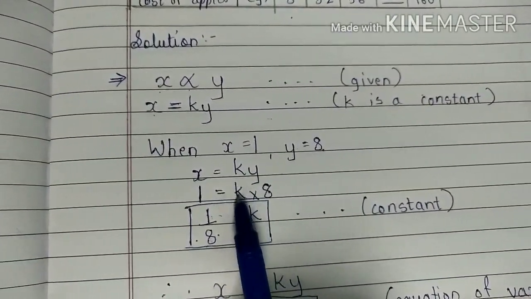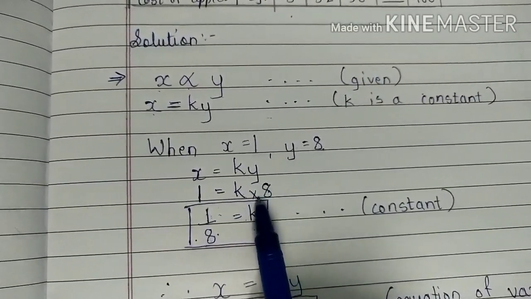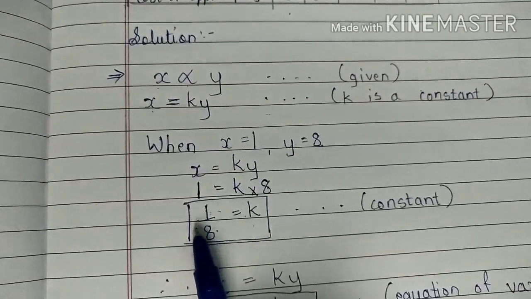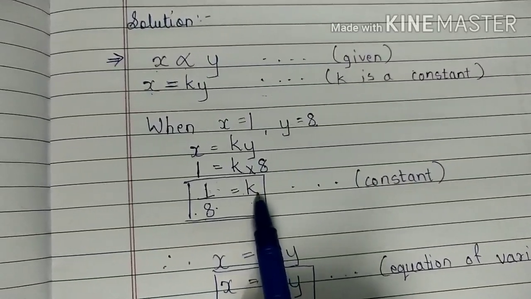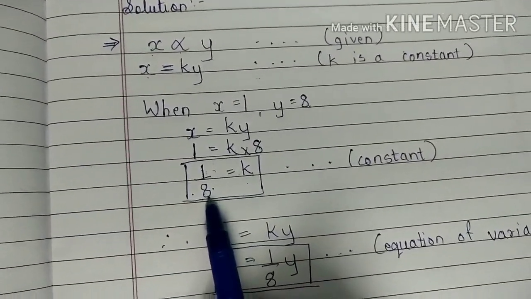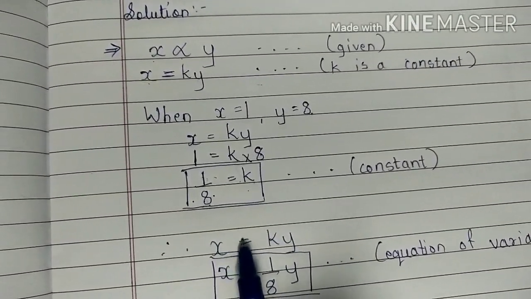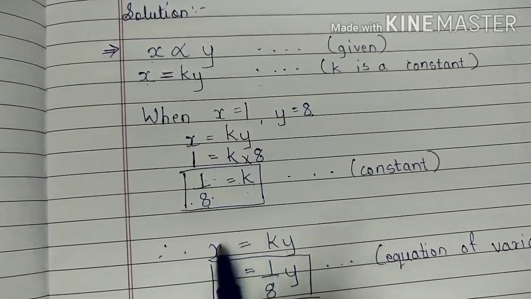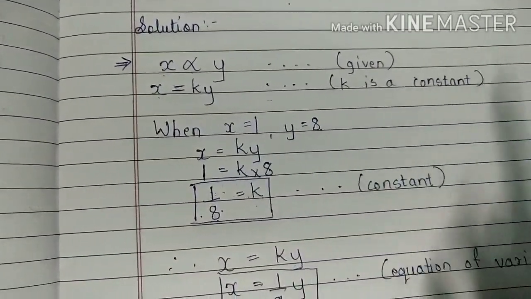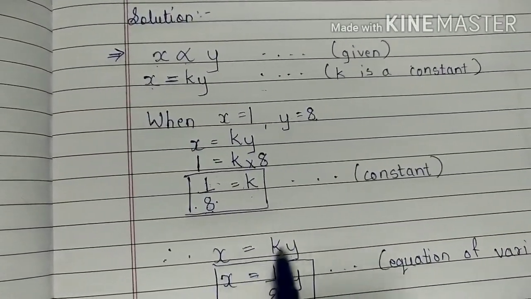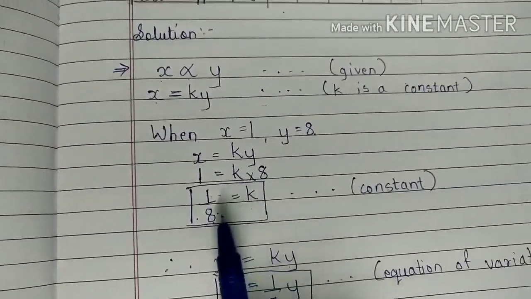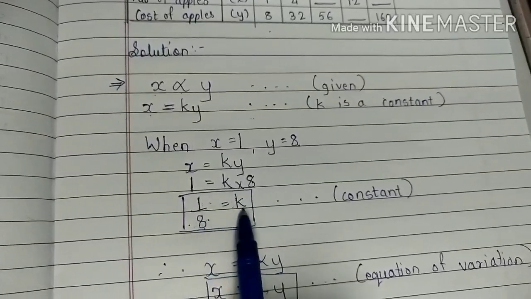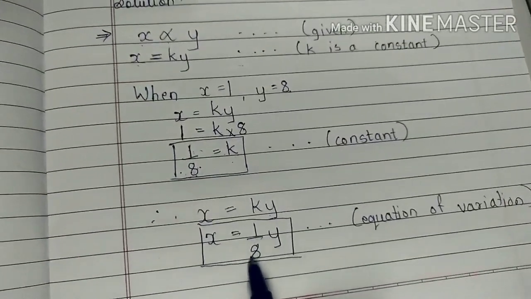So k's value, k I kept here, 8 was multiplied here, as it came this side it became divide. So k's value is 1 upon 8. Therefore x is equal to ky, and x is equal to ky is the normal equation that we have for direct variation. In that we are going to substitute this sum's k value, which is 1 upon 8.